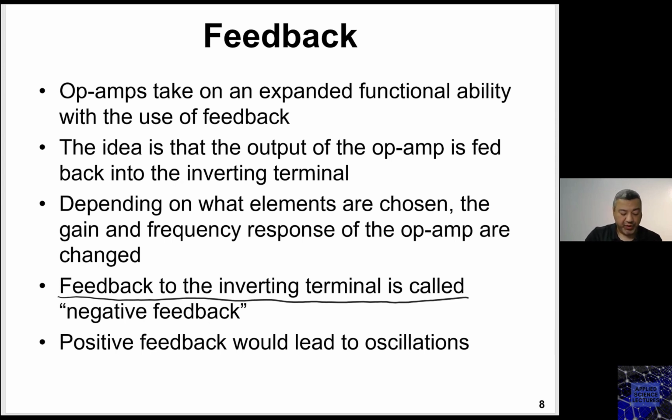And then if we connect the output to the non-inverting input, this is going to result in a positive feedback. This connection is undesired and is going to result in an unstable operation.